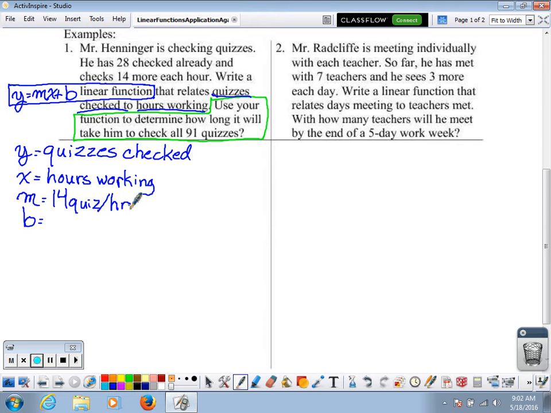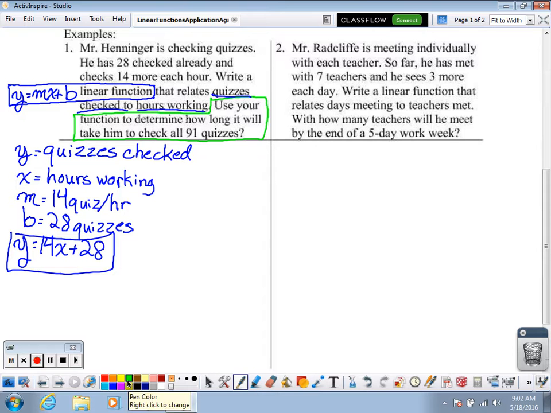How many quizzes he has checked at the beginning of the story? 28. Now we have everything we need to make y equals mx plus b. And we'll have y equals 14x plus 28. And that's the first part of the question.